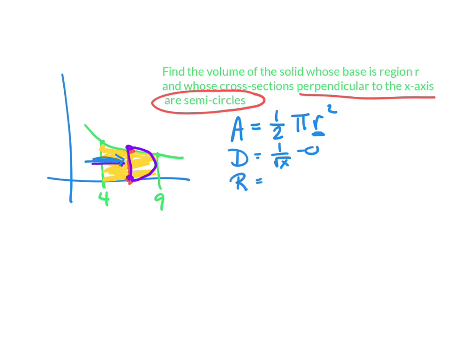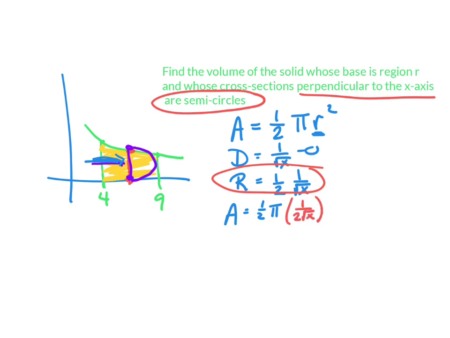Therefore, my radius is half of that. So 1/2 times 1 over radical x. My area then is 1/2 pi. Now whatever I put for radius, I have to square. So I'm going to say that's 1 over 2 radical x, squared. Okay, so notice I'm taking whatever I put for radius in parentheses and squaring it.